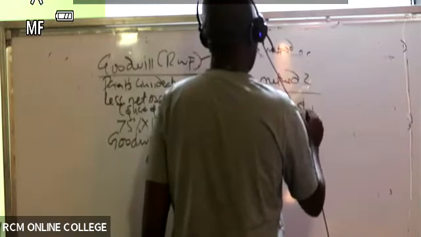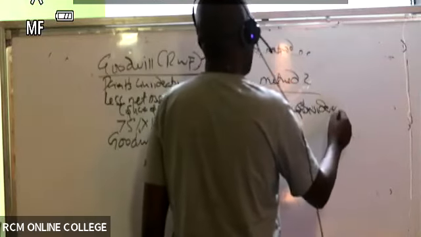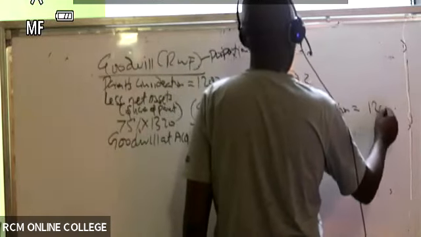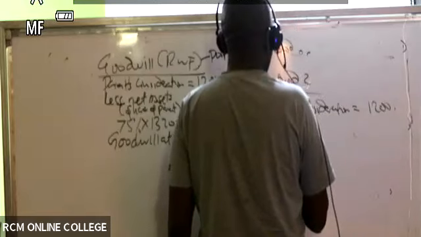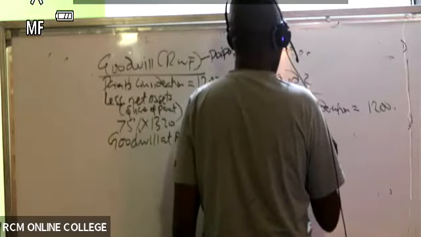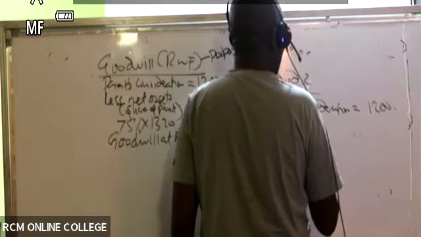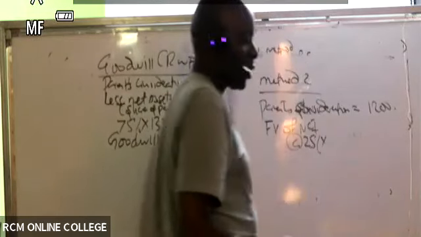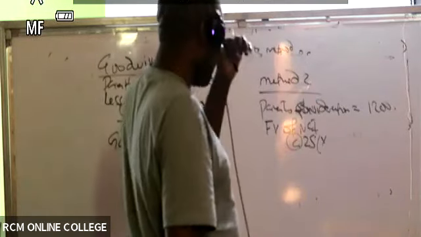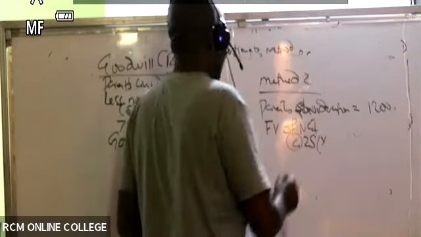So parent's consideration is 1200. And then you give us the fair value of NCI, of which they have told you to take 25% of the net assets. So 25% of the net assets, this was 1320.